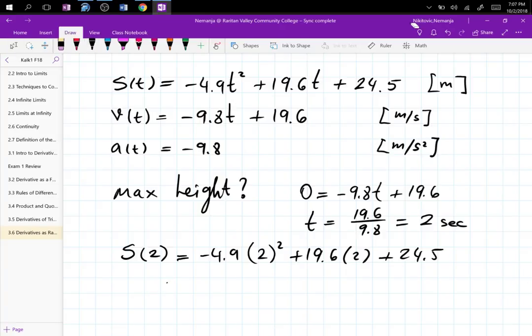So S max height is going to be negative 4.9 times 4 plus 39.2 plus 24.5, 44.1 meter. And that's it. That's the max height.